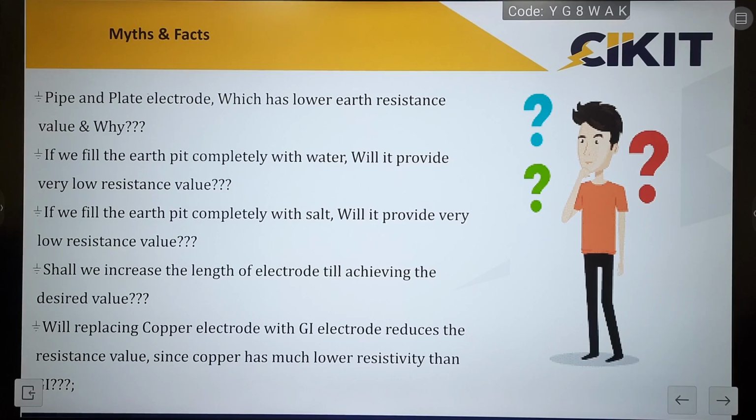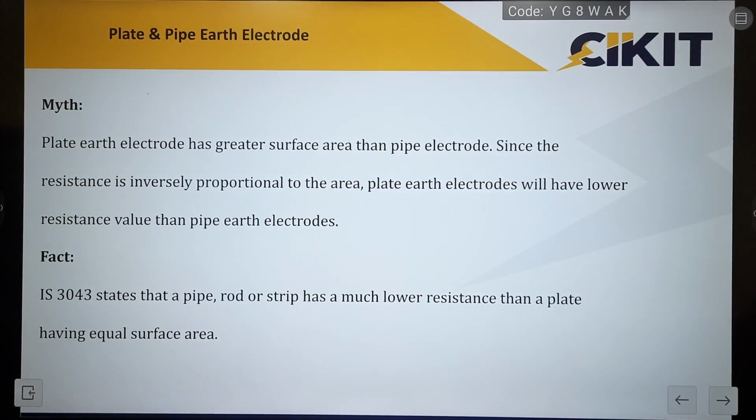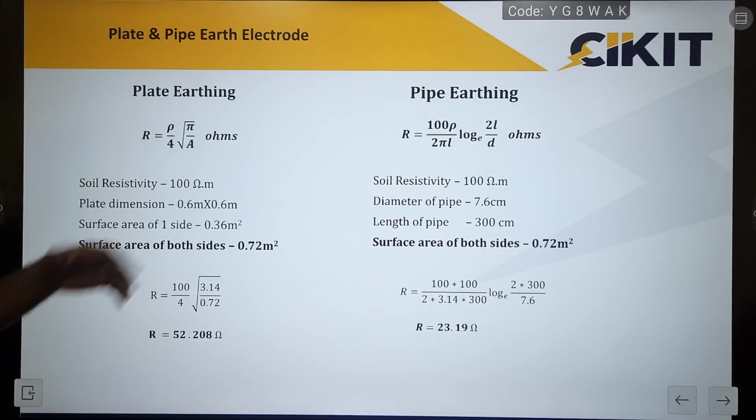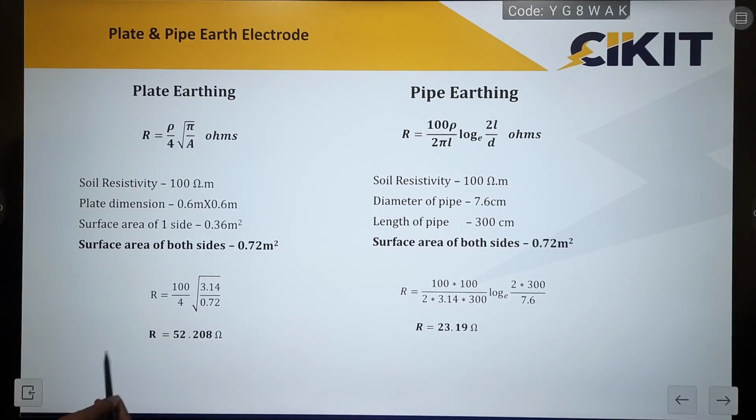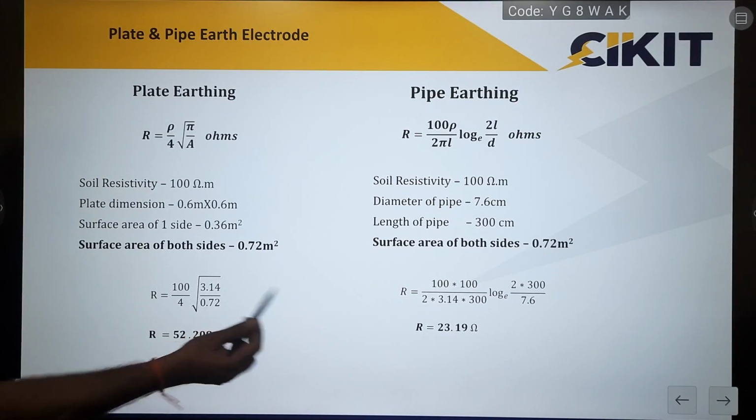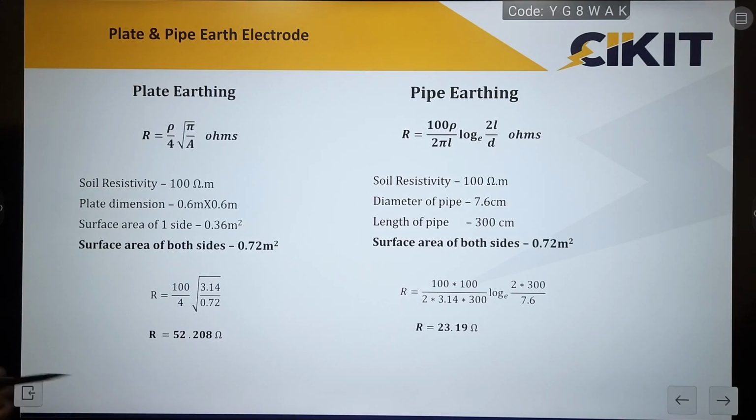These are the commonly asked questions related to earthing. The first one is: if we use a pipe earth electrode and a plate earth electrode, whether the resistance value for the pipe will be lower or the plate will be lower. We have shown the formula for pipe earthing and plate earthing. If you perform this calculation, we can observe that for the same surface area, plate earthing will have higher resistance than pipe earthing because of the configuration.